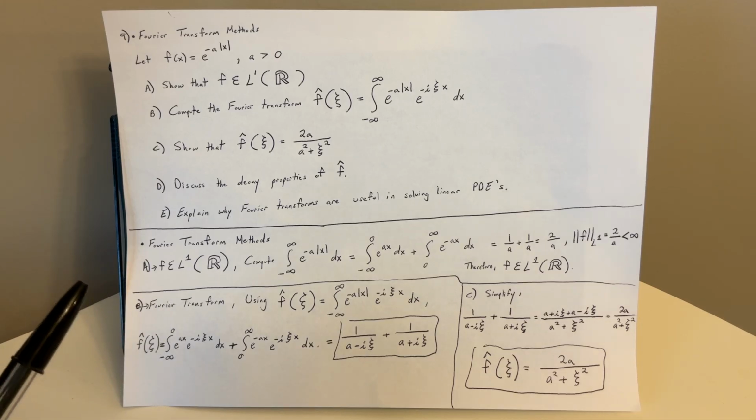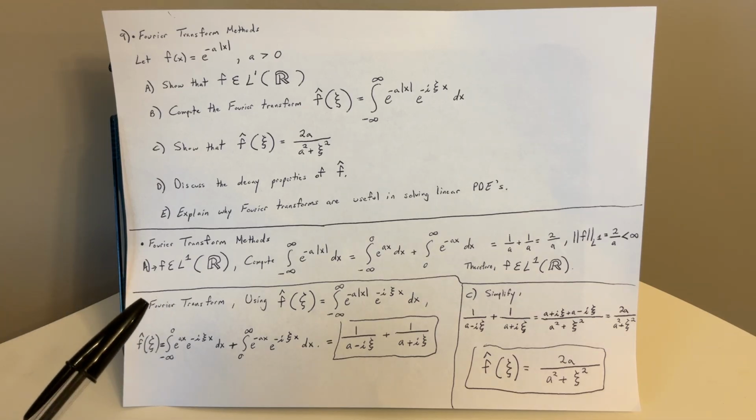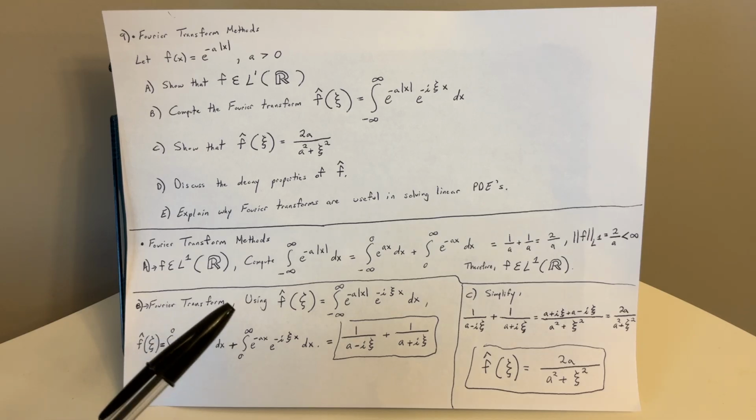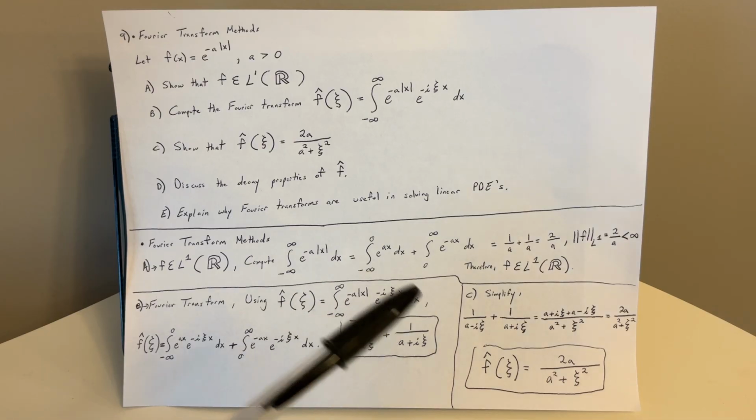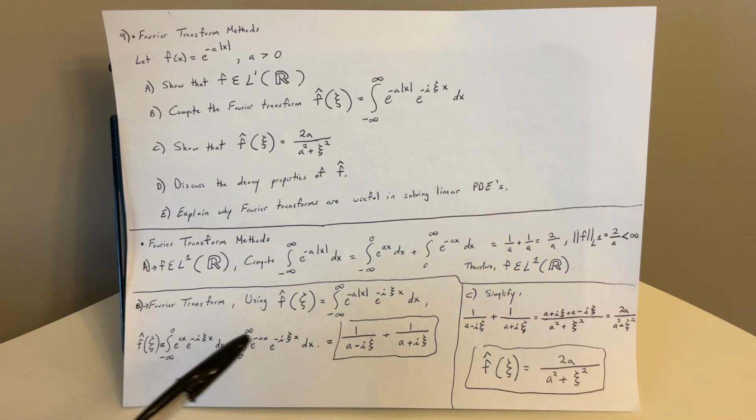For part B, Fourier transform using this f hat of xi equals this integral here. Should look very familiar.